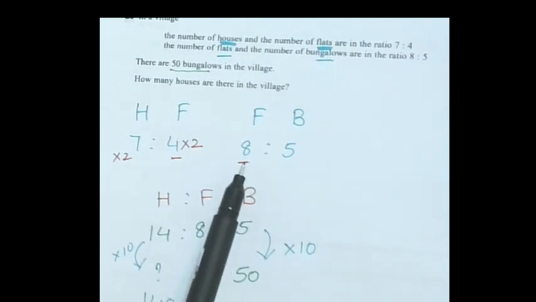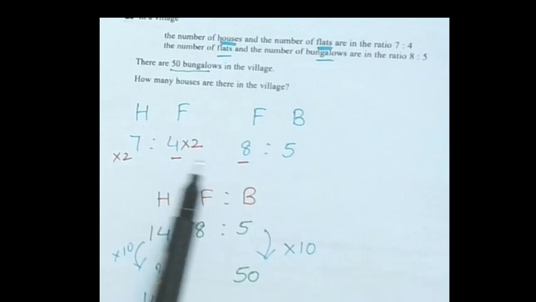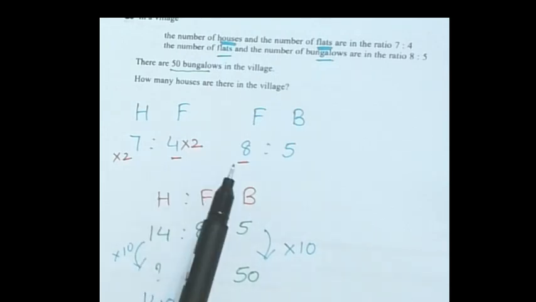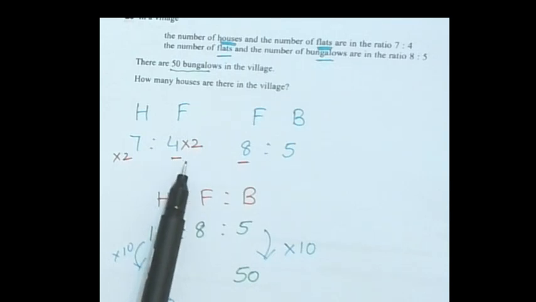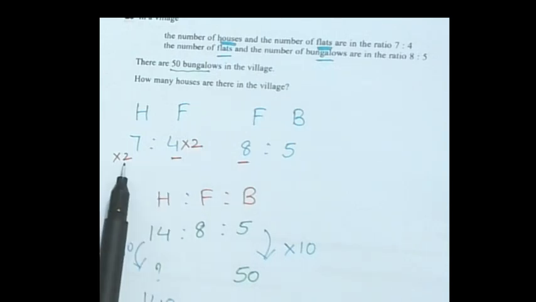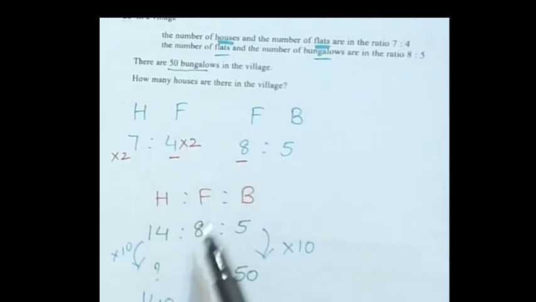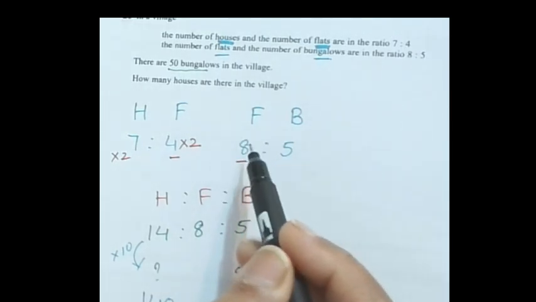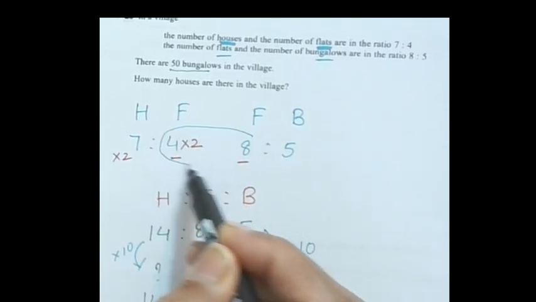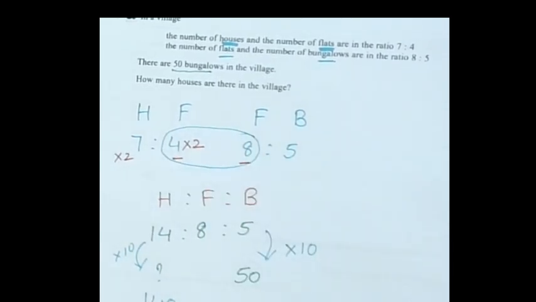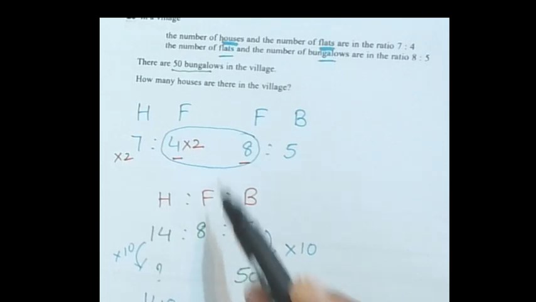So you're going to just ask yourself how many 4 can make 8. So it's 2 times 2. Whatever you do here, you will do same with the other side. So times 2. And now you're going to combine and write houses, flats, bungalow. And you have 14 here, 8 here, and then 5. Because you have combined this, you need to write it only once.